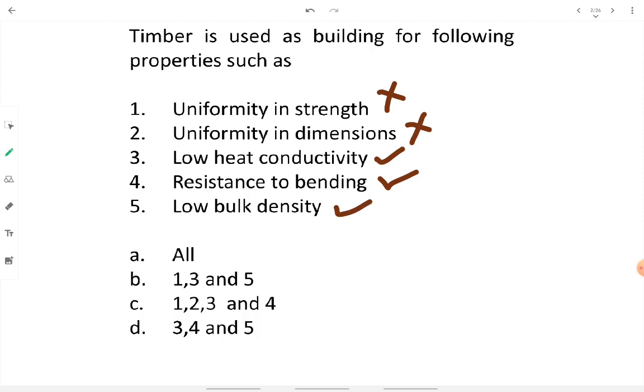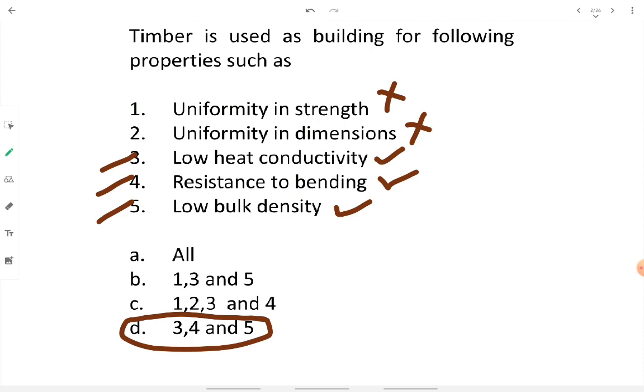That's why we will go with point number 3, 4 and 5. That's why the correct option here should be the one consisting of points 3, 4 and 5. The wrong points here are uniformity in strength and uniformity in dimension. We have to process the timber accordingly for getting the dimension, and strength is never uniform in any given two timber samples.